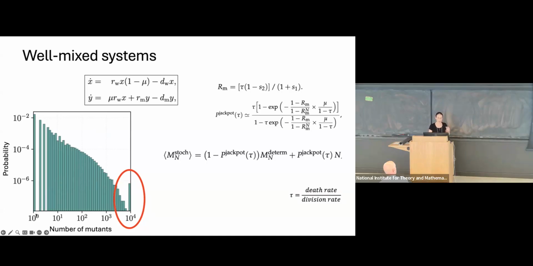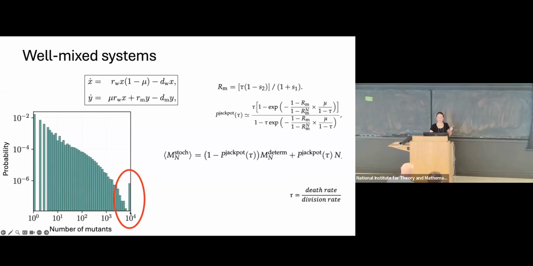This is the probability distribution of the number of mutants at size 10 to the 4. Actually this is missing from this because this is a log scale, but there should be another bar that corresponds to 0 mutants. Most simulations will have 0 mutants. Some will have 1 mutant, 2 is the case like this.